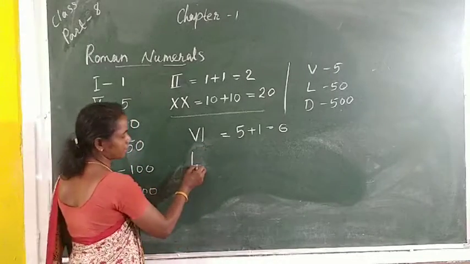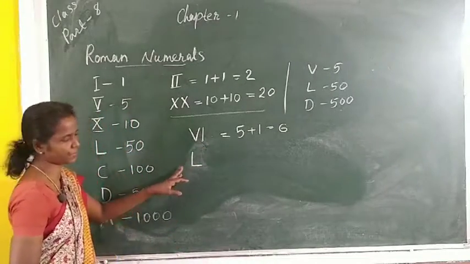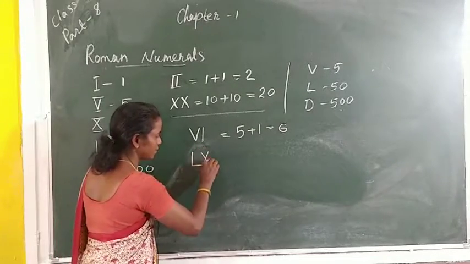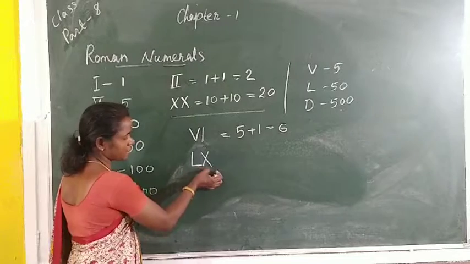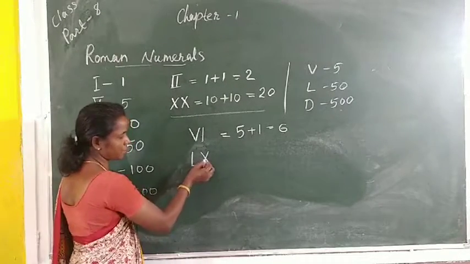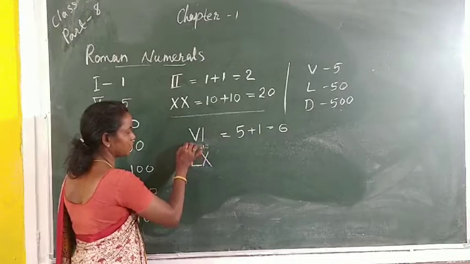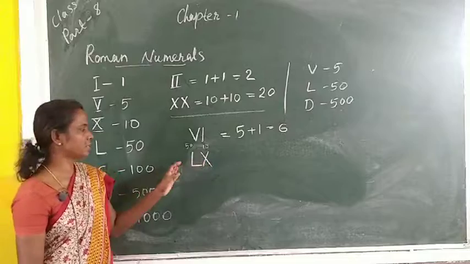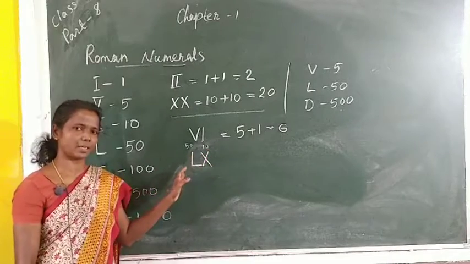Then another example. I write 50, then I write 10 to its right. Compare the values of the symbols, 10 and 50. The smaller value is written on the right side of the greater value.